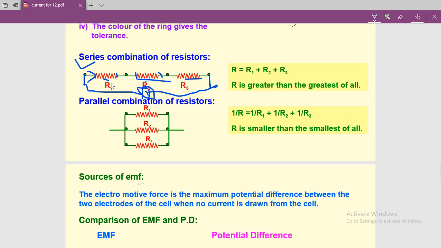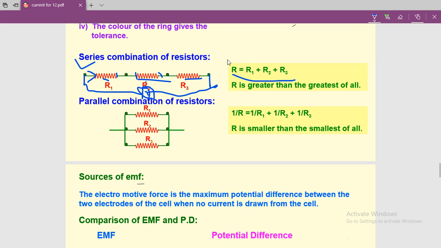Now if three resistors R1, R2 and R3 are connected in series, then their equivalent resistance is given by the formula R is equal to R1 plus R2 plus R3.